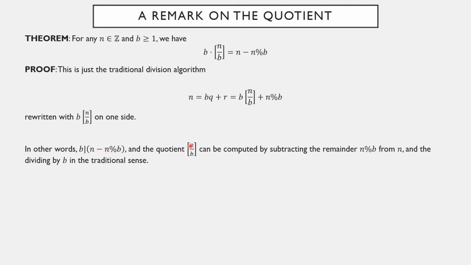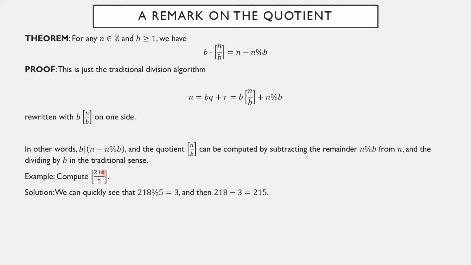So the quotient can therefore be computed by subtracting the remainder off n and then dividing by b in the traditional sense. If b is actually a known factor of this result, then division isn't a problem because it's not going to result in non-integer values. So for example, compute 218 over 5. Okay, the quotient. Well, the remainder is 3.